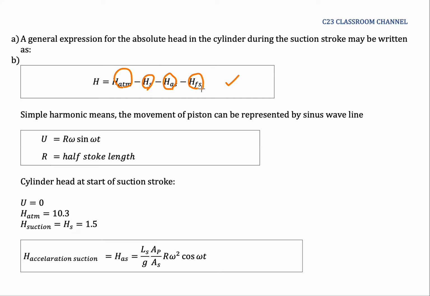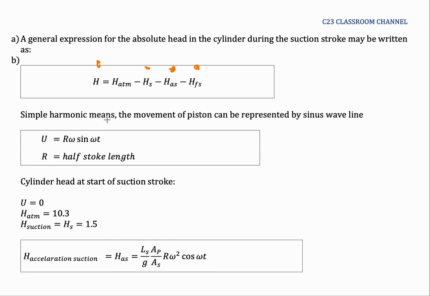In the previous question, I had not shown you the calculation of the friction yet, so we just calculated until the acceleration head. But now you know how to calculate the friction at the suction and delivery, so you need to include the suction head, the acceleration head and also the friction head to calculate the absolute head in the cylinder during the suction stroke.